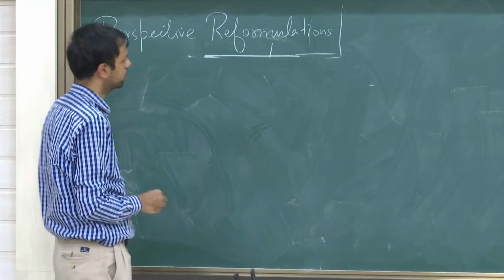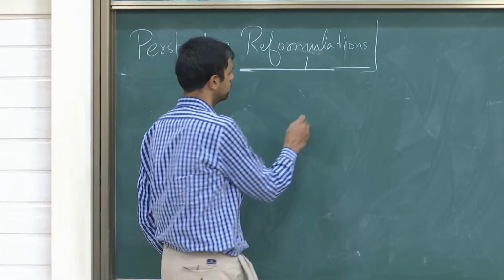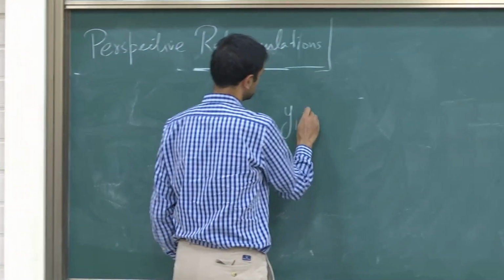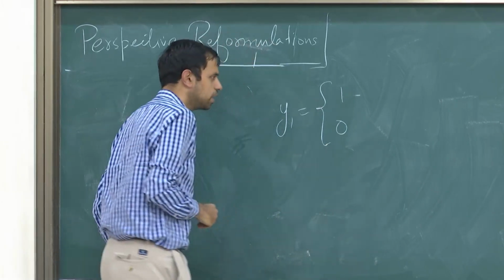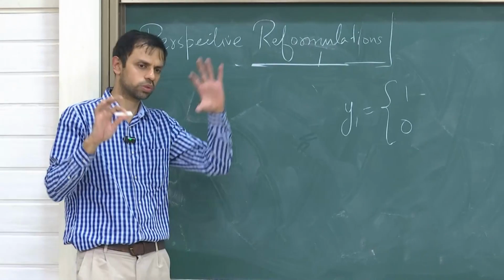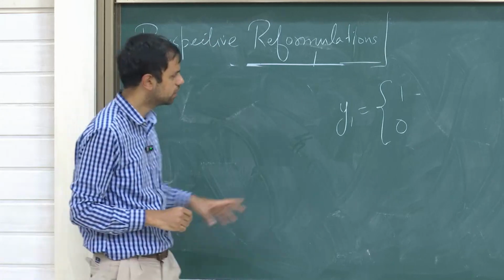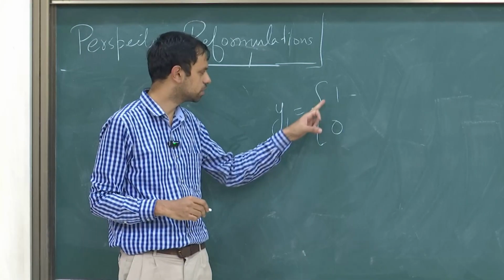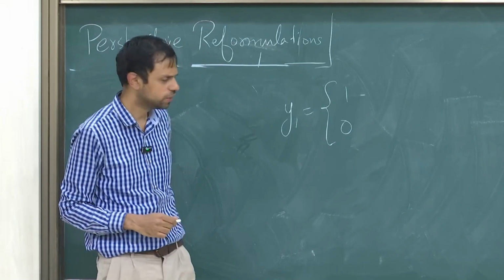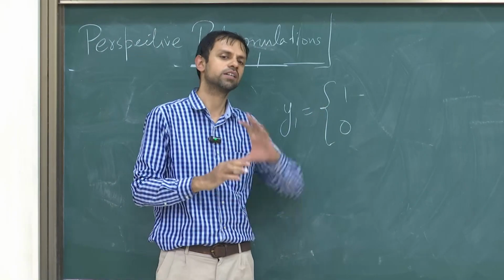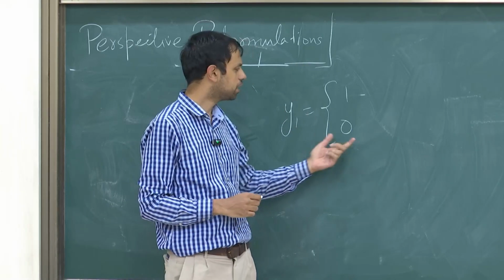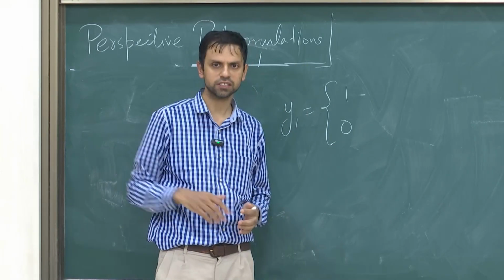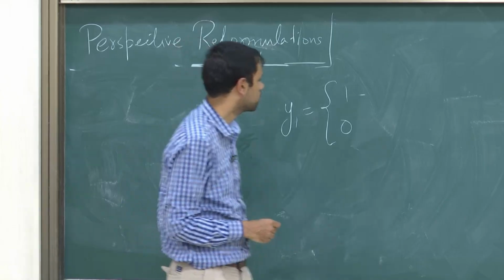Suppose we have some binary variable y1 which takes values 1 or 0, and we want to model two different situations depending on what y1 does. So if some switch is on, one process may run, or we are in a certain region, and if y1 is 0, then we are in some other region.